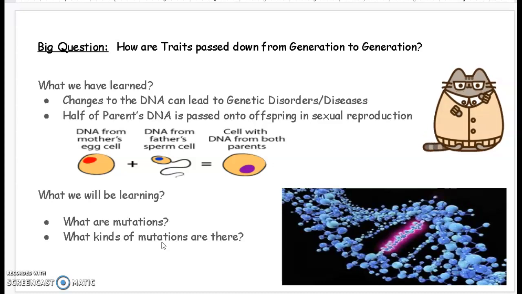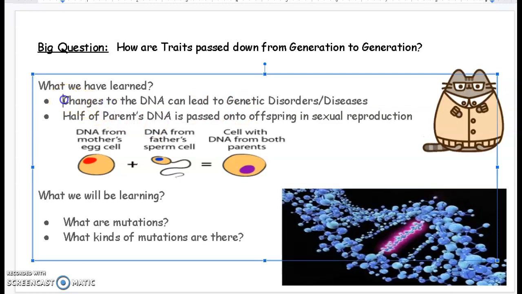We are learning about how traits are passed down from generation to generation. We have learned quite a few topics and concepts, so today we're going to pull up a few reminders. What have we learned? We have learned that changes to the DNA can lead to genetic disorders or diseases. That is what a mutation is.